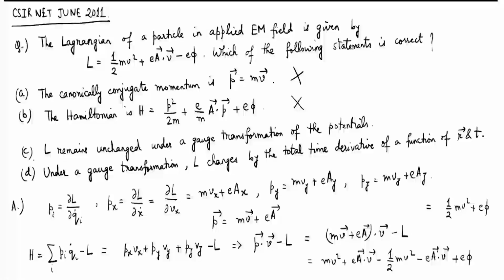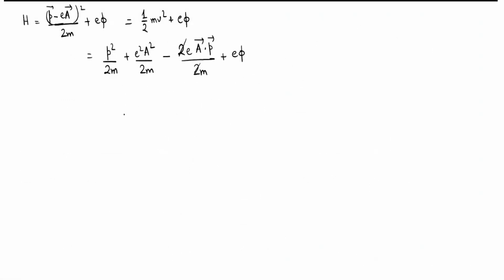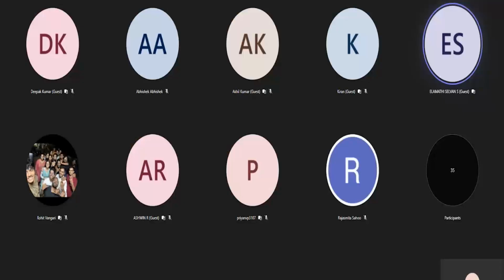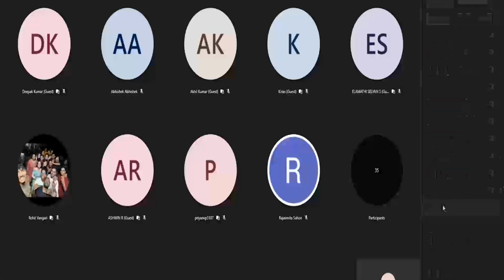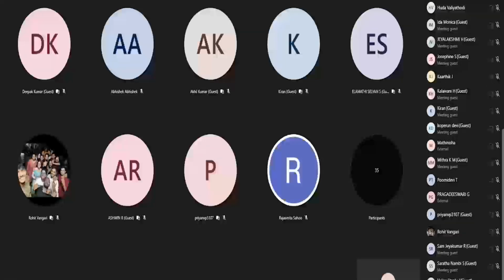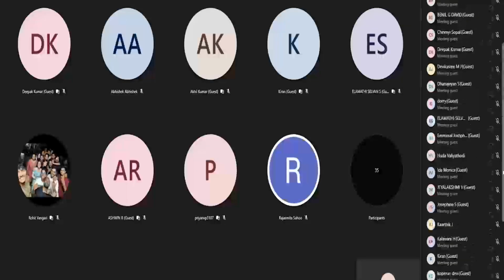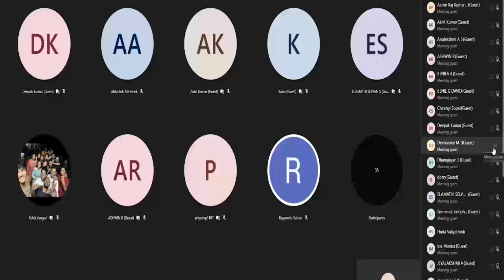Now, see, L remains unchanged under a gauge transformation of the potentials. What is a gauge transformation? Change in potential. How do I write a gauge transformation of this scalar and vector potential?